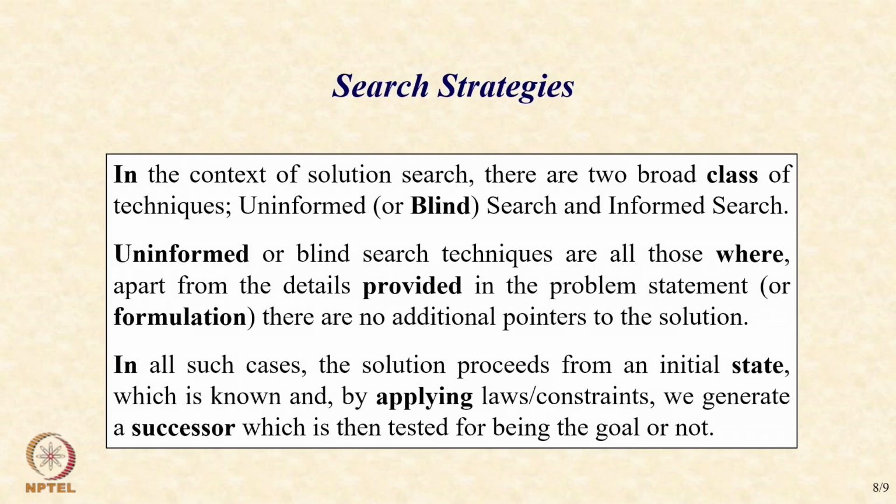So, we just start from this initial state, based on the constraints that have been given to us. We generate a successor in the form of making one move, generating another state, and then we test it for the goal, and we keep doing this until we find that the next state that we have achieved is the goal state. We will look at both these in some detail.